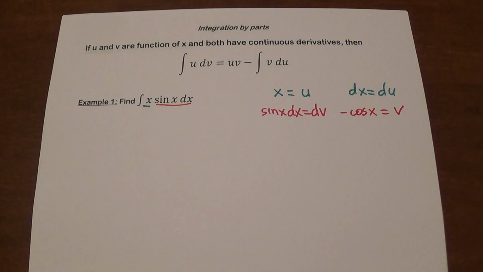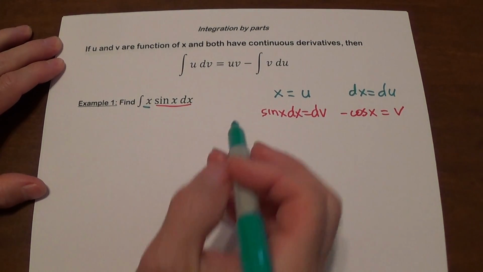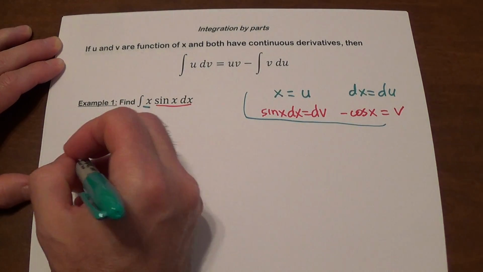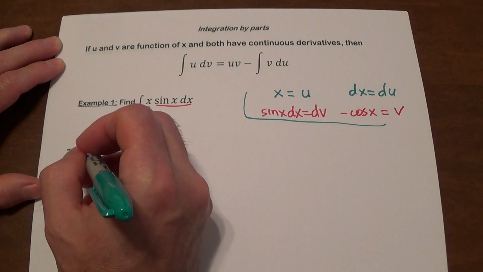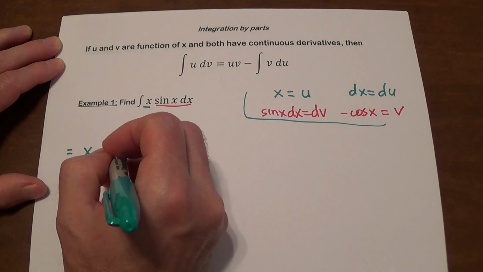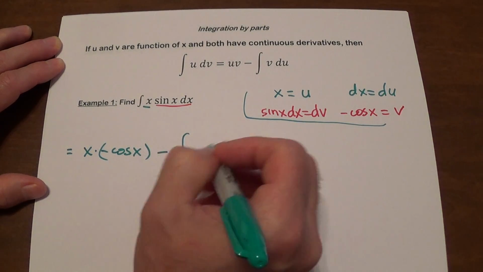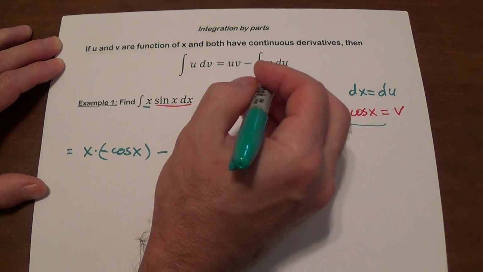Alright, so we're going to go ahead and rewrite our integral in this form. So it is uv, so it's x times negative cosine x minus the integral v du.